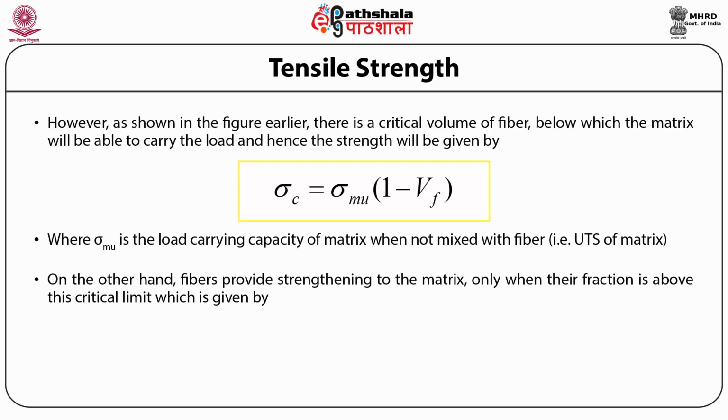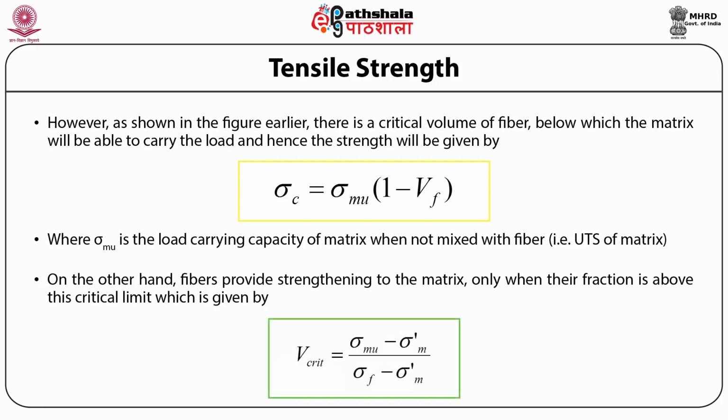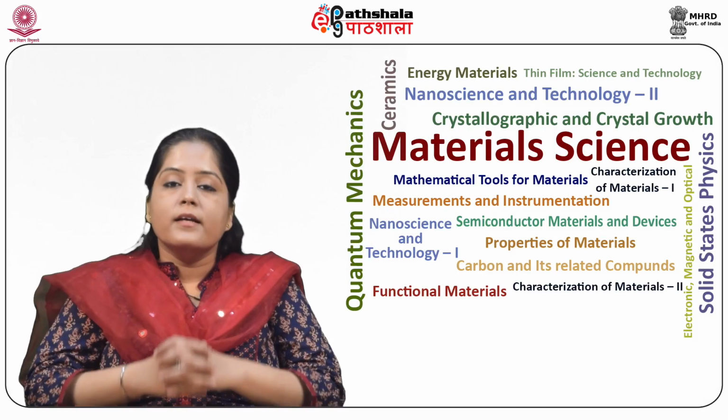This critical volume is given by V critical is equal to sigma mu minus sigma m prime divided by sigma f minus sigma m prime.